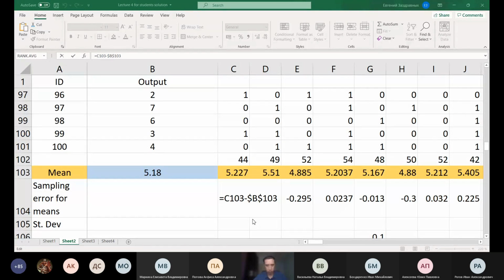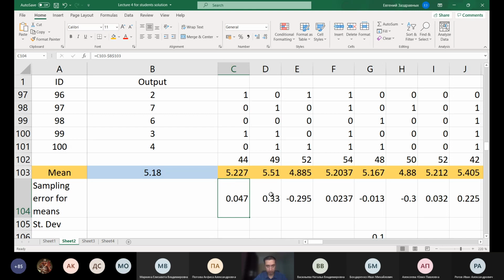Why do we use sampling error? We use sampling error to check whether we have to trust our sample averages. And what we have, look, in the first survey, our sample average is higher than the population average. The same can be said about the second survey, but in the third survey, we see that our sample average is smaller than the population average, and so on.